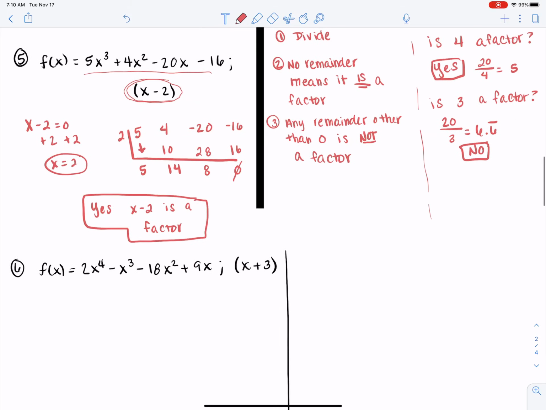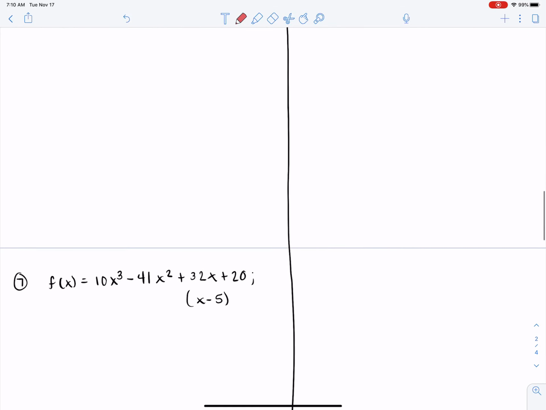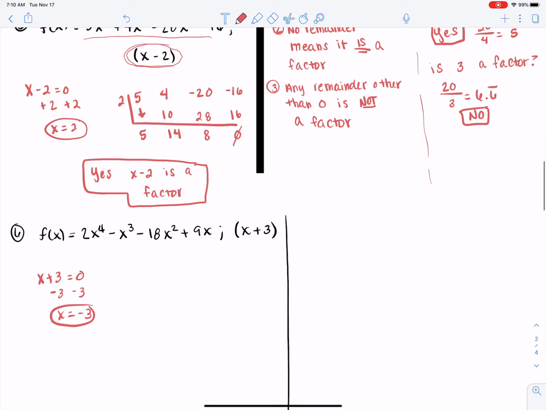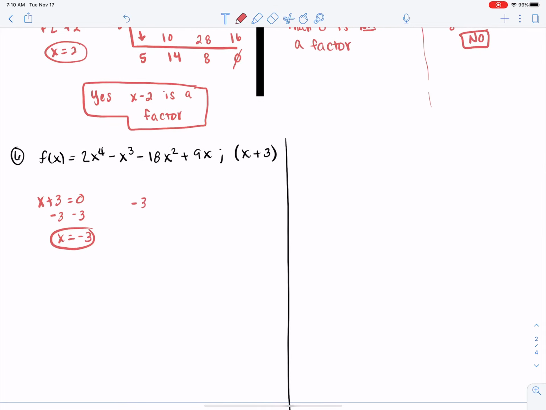Okay? 2 more. If I want to know if this is a factor, same thing. We're going to divide. So I'm going to take x plus 3. I can solve it equal to 0 in one step. So negative 3 is what I can use for my synthetic division. On the inside, I have 2, negative 1, negative 18, and 9.